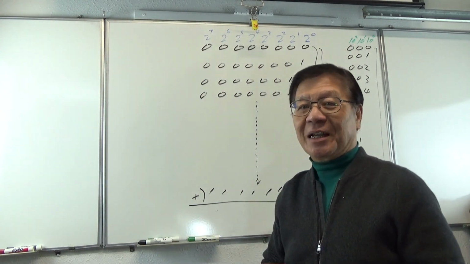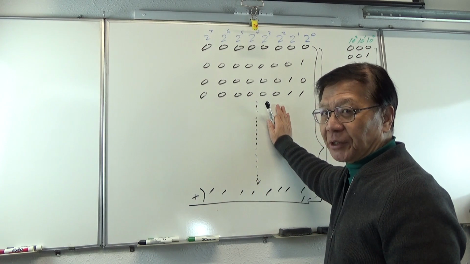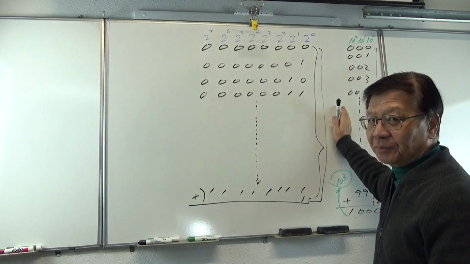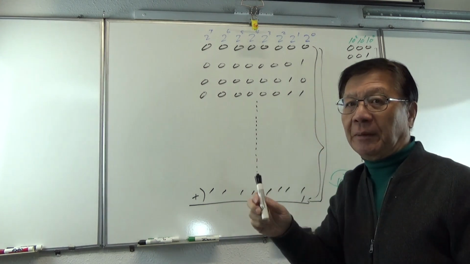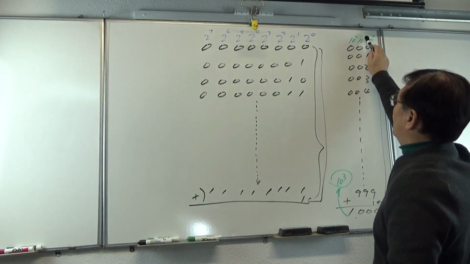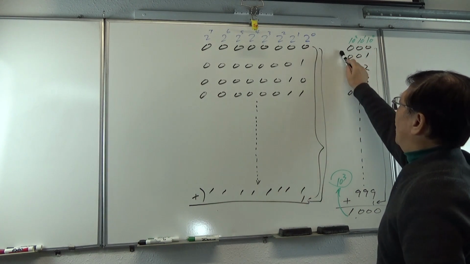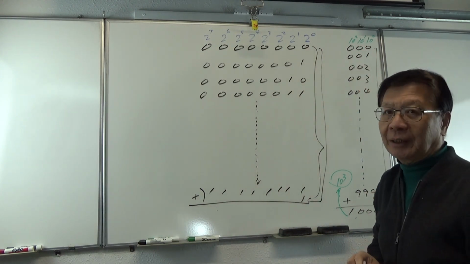Okay, let's move on. This part, binary system. This side, decimal system. For the decimal system, I use 3 digits as an example. The first digit is 10 to the 0, second digit 10 to the 1, third digit 10 to the 2. It starts from all zeros, 0, 0, 0, all the way up to 999.